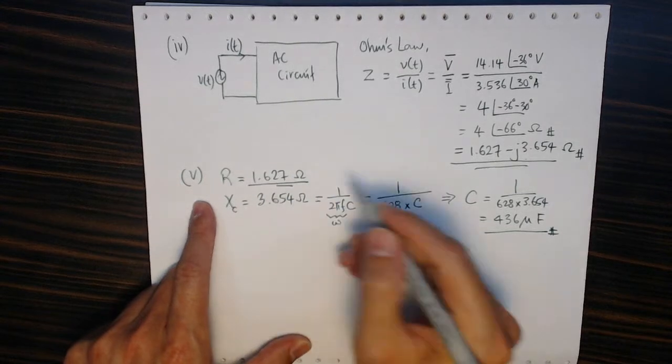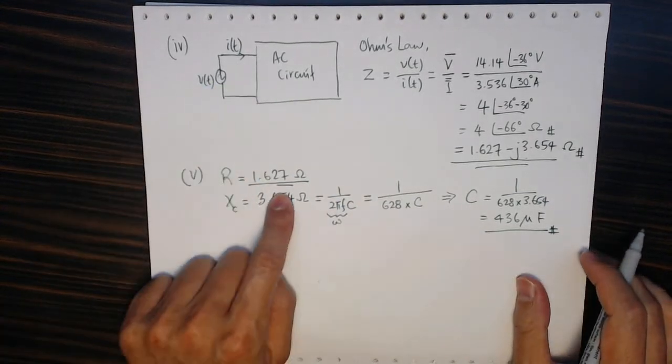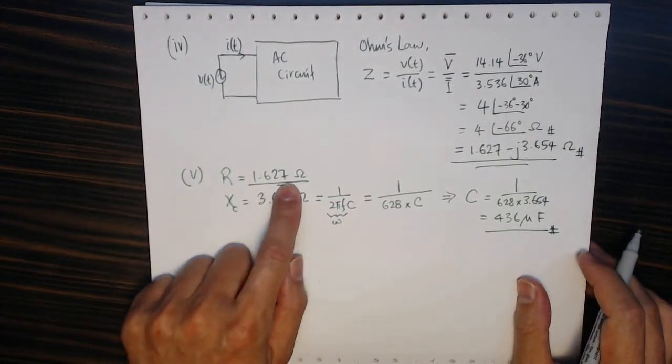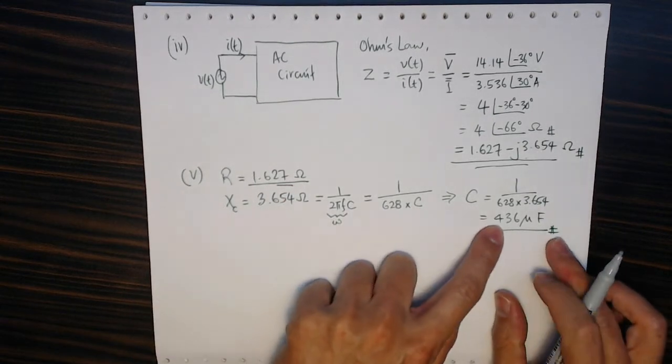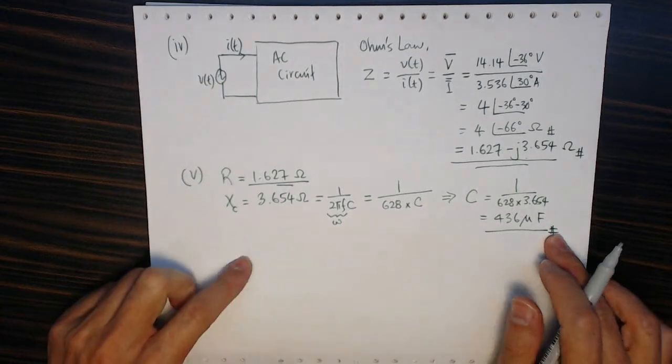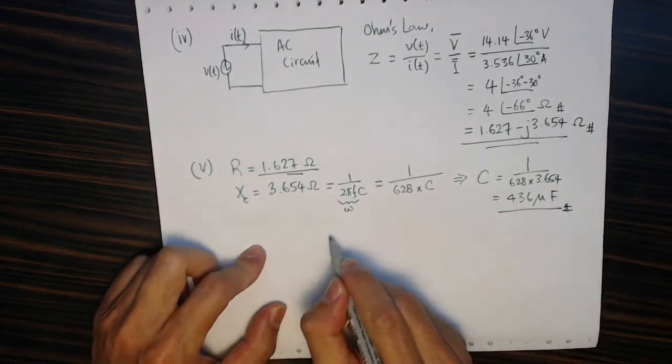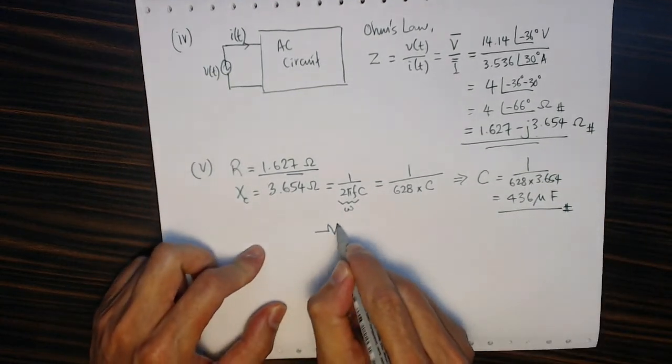In other words, this circuit comprises a resistor with the value 1.627 ohms and a capacitor with a value of 436 microfarads. If I were to draw this circuit, it will be something like this.